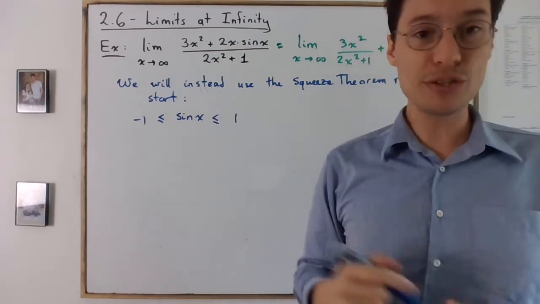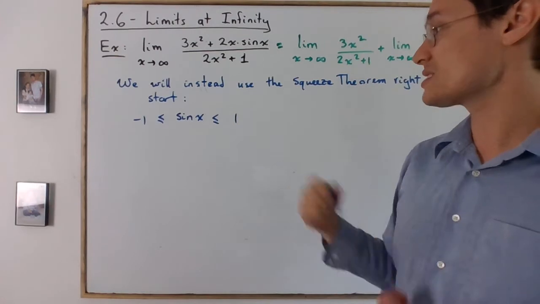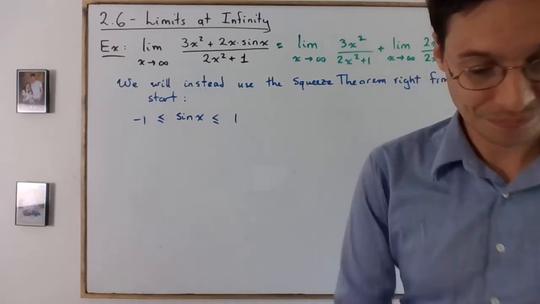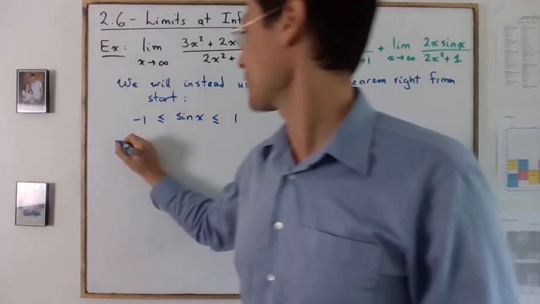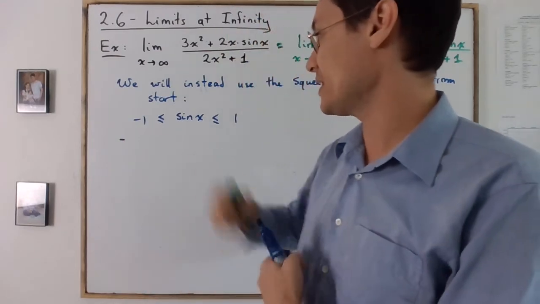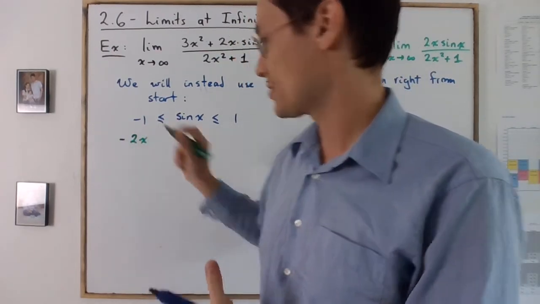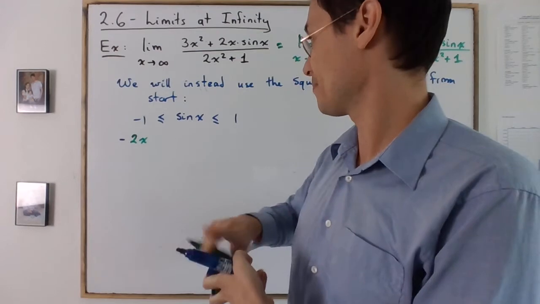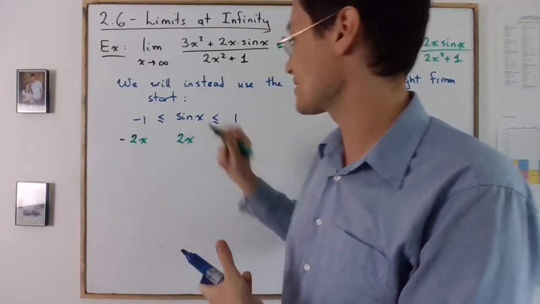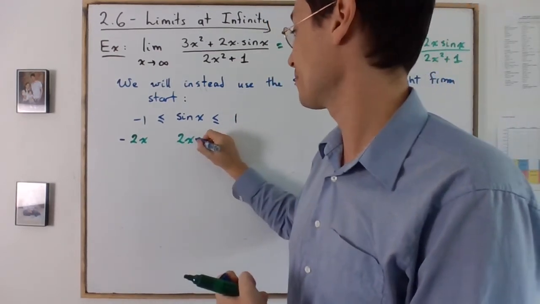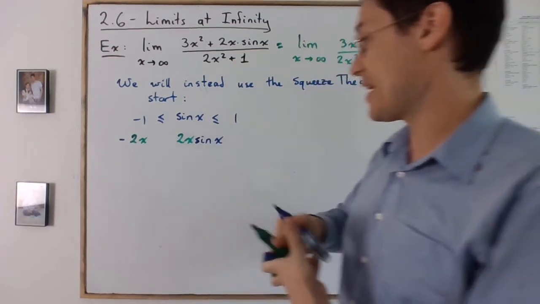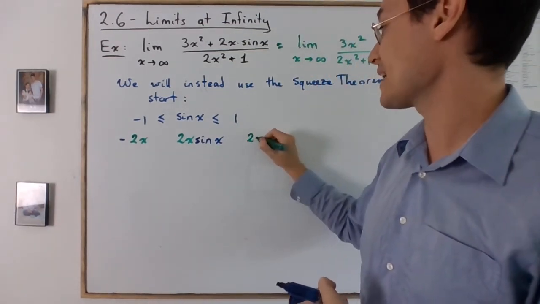The first thing we're going to do is multiply all sides by 2x. I'm going to try to color code each of the steps in green. So we multiply by 2x, and we have here 2x sine of x, and here we have 2x.